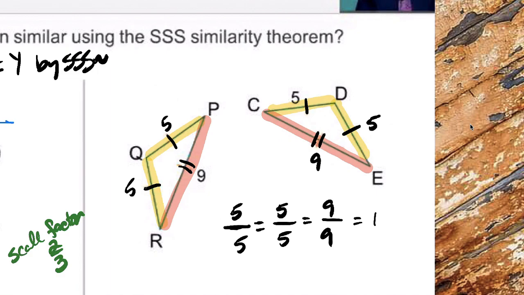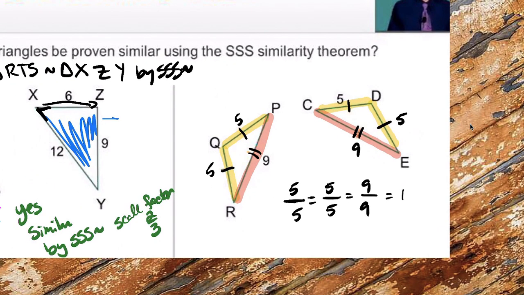Not only are these similar, but they are congruent. So just kind of a caveat on there, kind of like saying an isosceles triangle could be equilateral, and an equilateral triangle is always isosceles. It's kind of like that. So these are similar, yes, by side similarity, and in fact they are also congruent to each other.